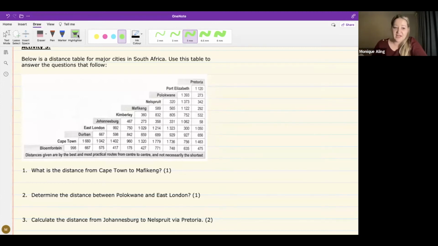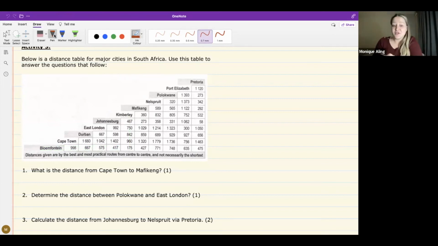So in order to do that, I find Bloemfontein, which is right at the bottom. I follow the Bloemfontein line until I reach Kimberley. So my distance between the two places will be 175 kilometers. So I'm going to do another example. I want to figure out the distance between East London and Port Elizabeth.